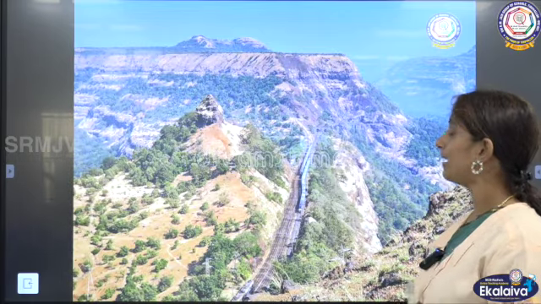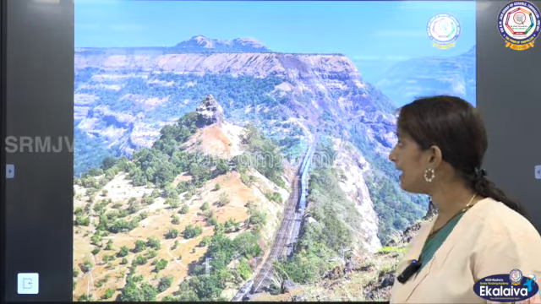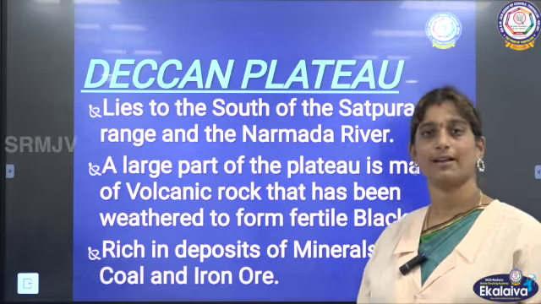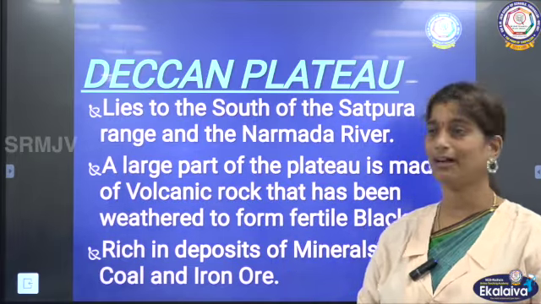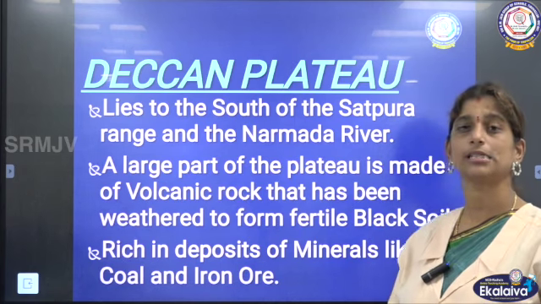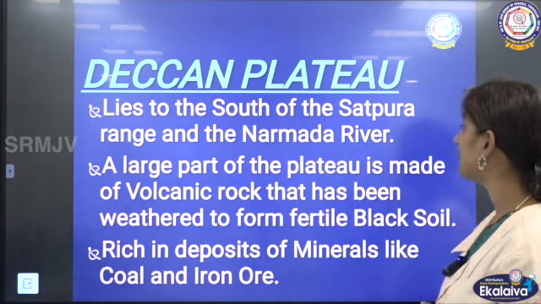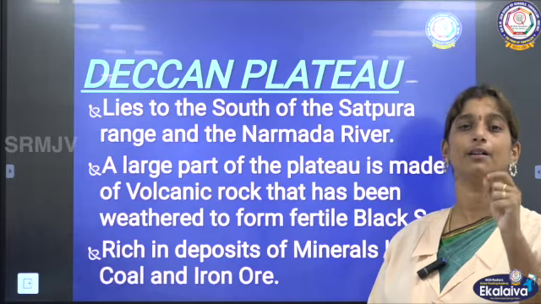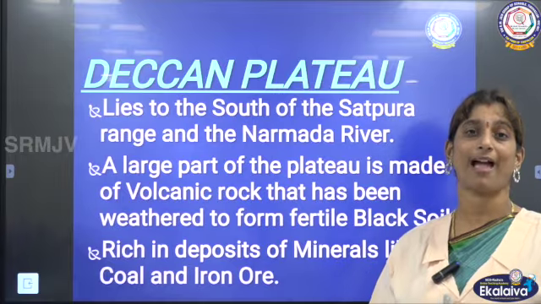Yes, so now we are getting into the Deccan Plateau. The Deccan Plateau, as we know, lies to the south of the Satpura range. We have already seen the Satpura range. It lies just below the Satpura range and it is to the south of the Narmada river also, right? A large part of the plateau is made up of volcanic rocks that have been weathered to form fertile black soil.